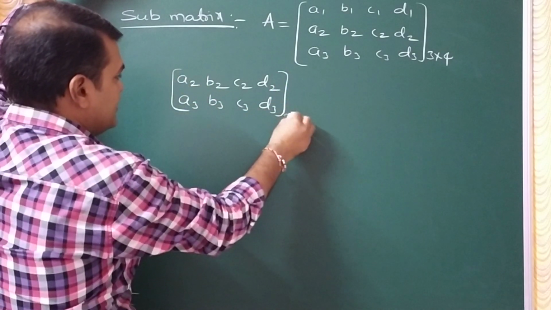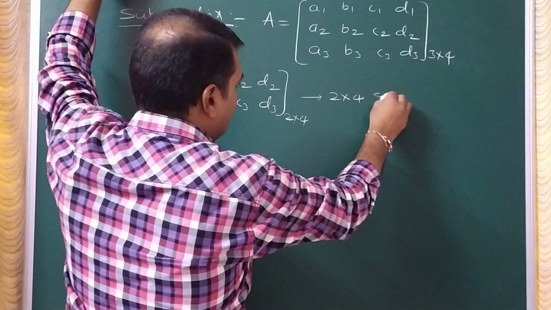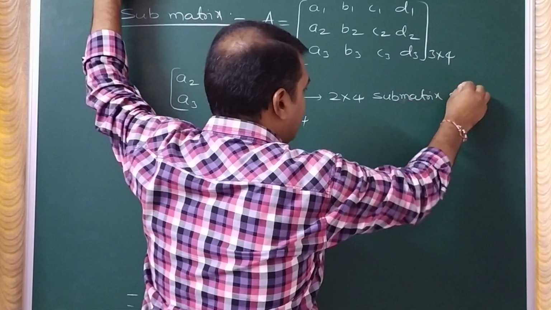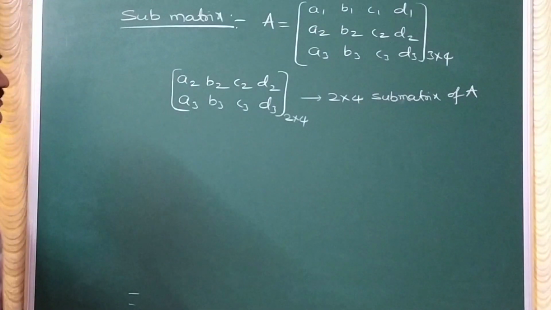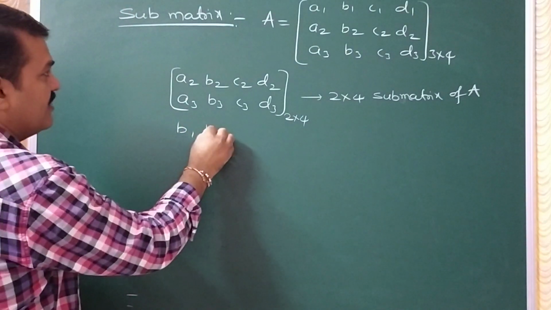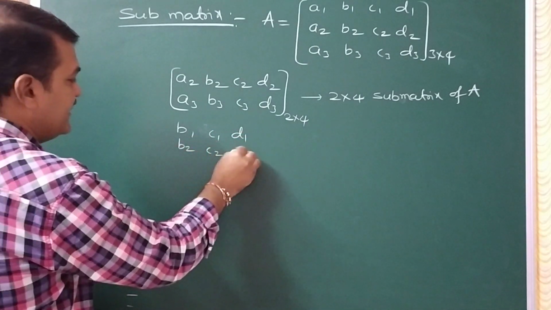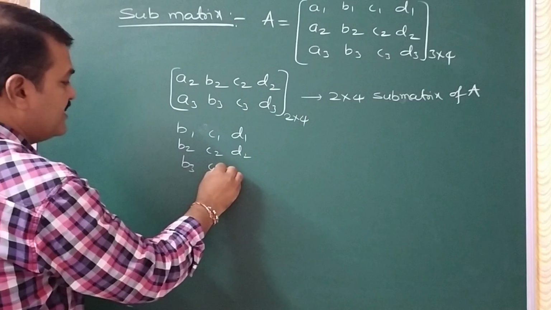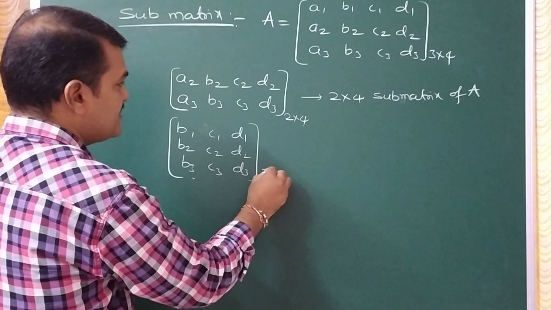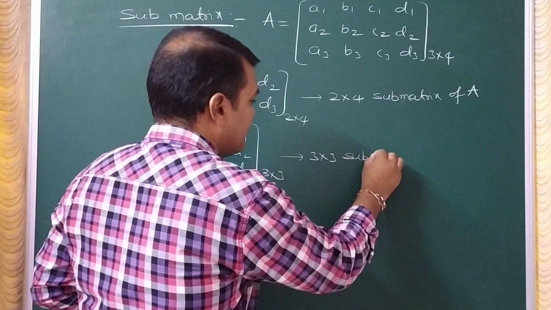It has 2 rows and 4 columns, so this is called a 2 cross 4 submatrix of A. Now if I remove the first column, I will get B1, C1, D1, B2, C2, D2, B3, C3, D3. What is the order of this? 3 cross 3. So this is called a 3 cross 3 submatrix of A.